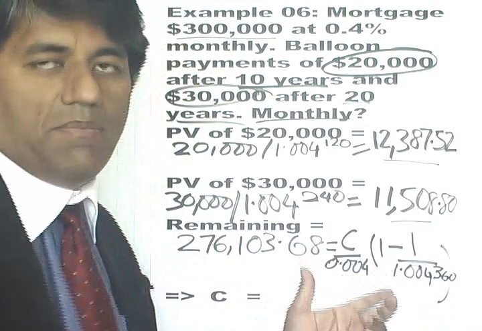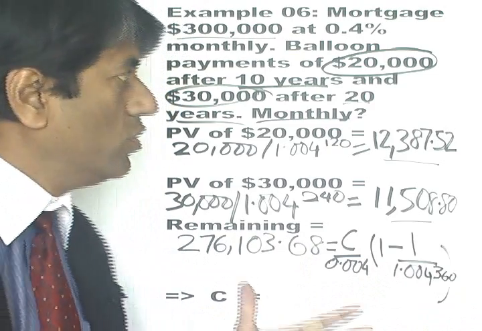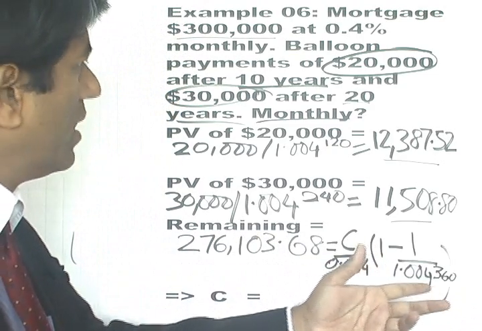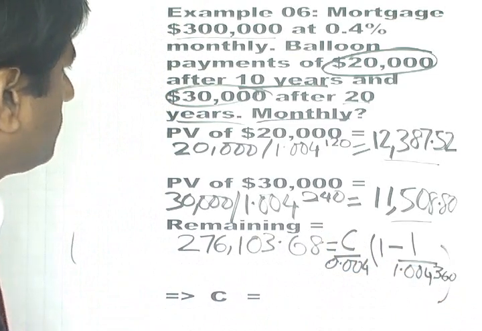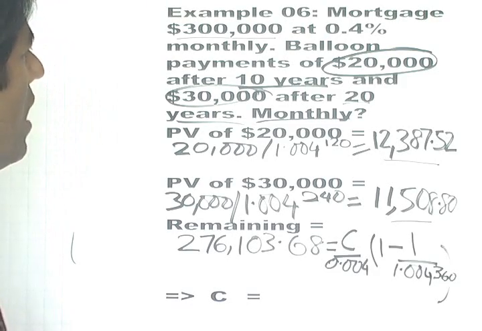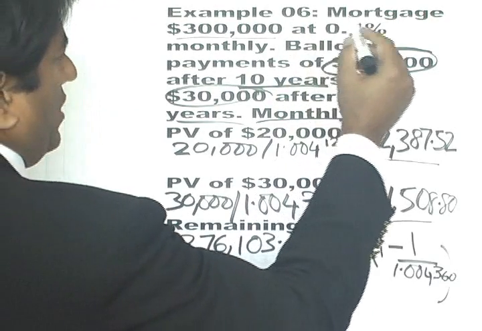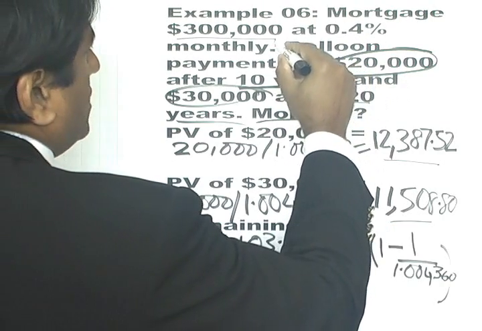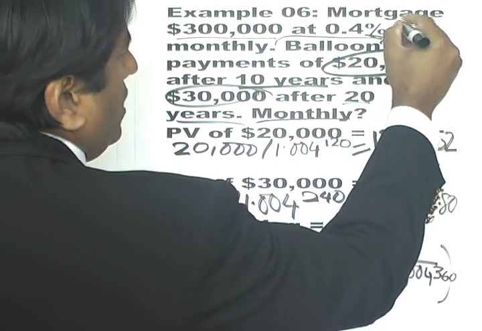Why 360? Because it's a 30-year loan and there are 360 months in 30 years. I should have mentioned over here that this was a 30-year loan.